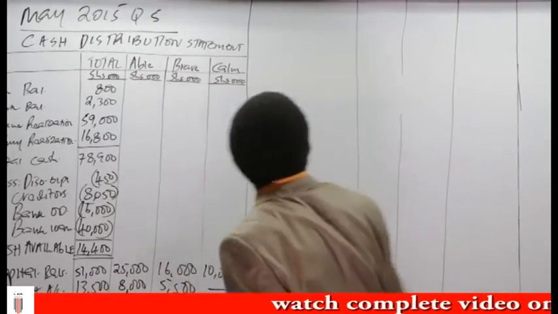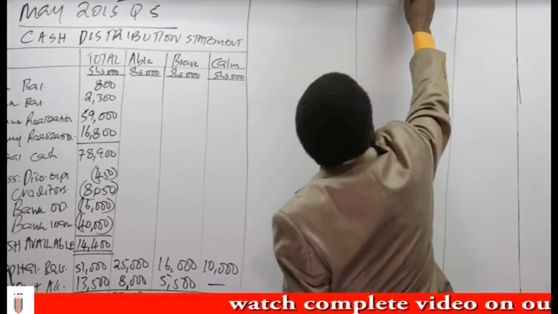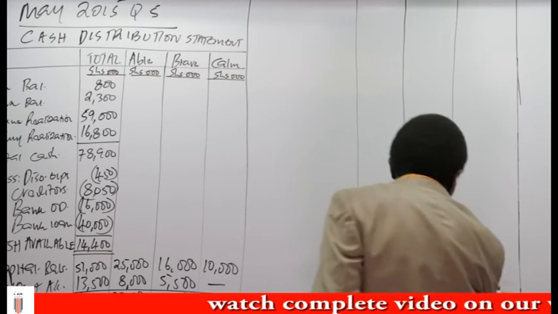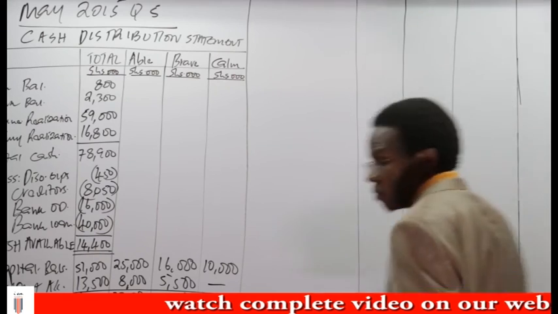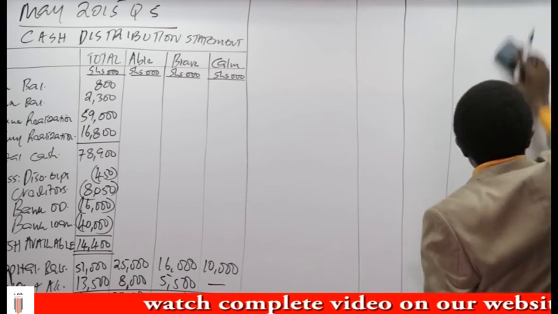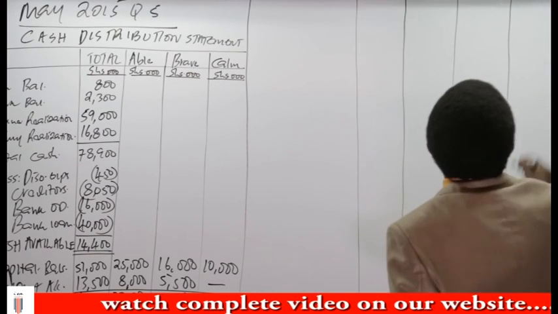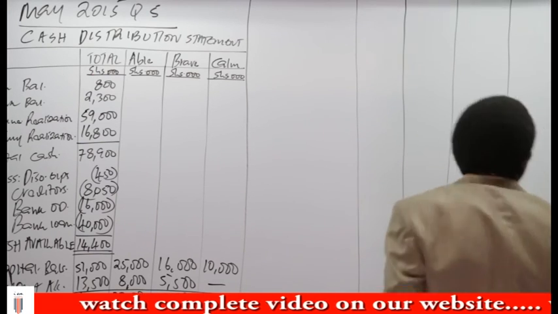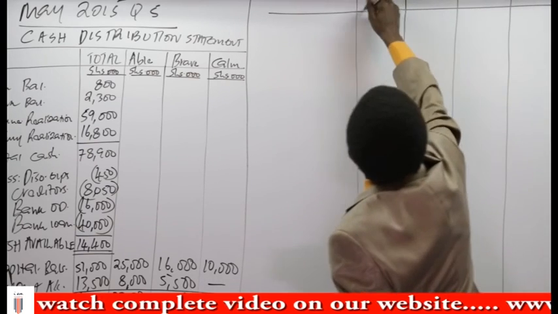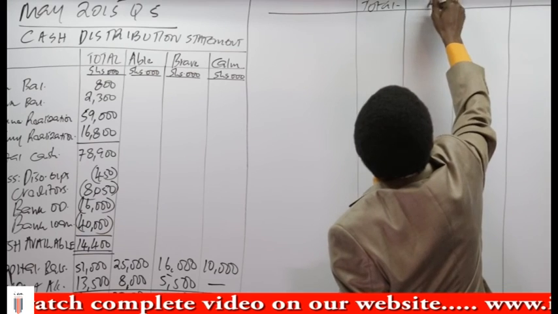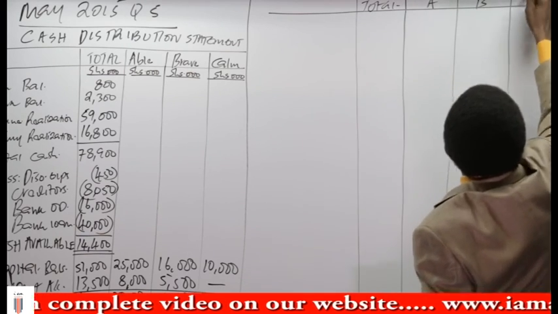We still have the total, it is the continuation. Able, Brave, and Calm.